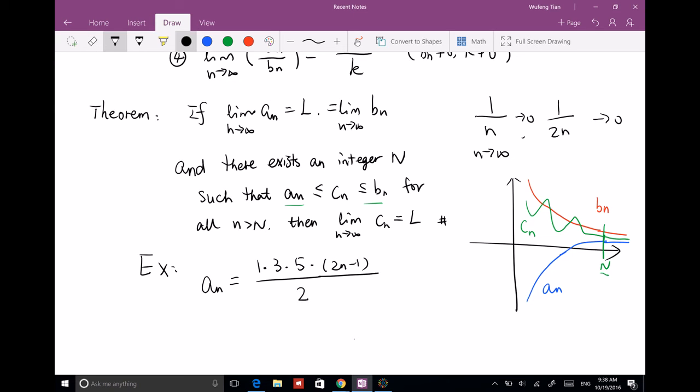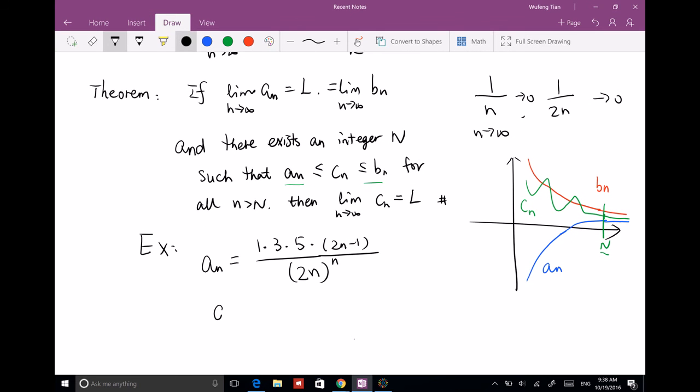If I write it out separately, I get a_n equals 1 over 2n times 3 over 2n times 5 over 2n times 7 over 2n, and continue, up to (2n minus 1) over 2n. That makes sense, right, everyone?